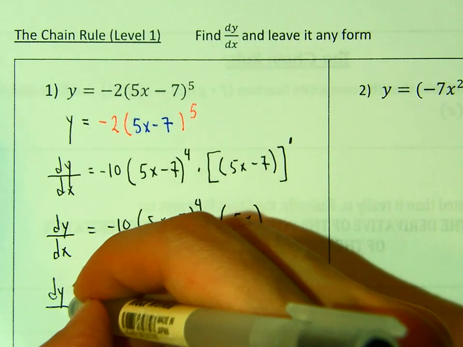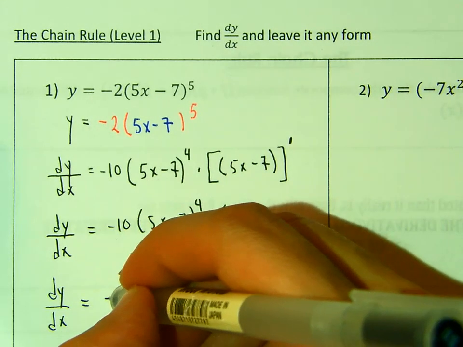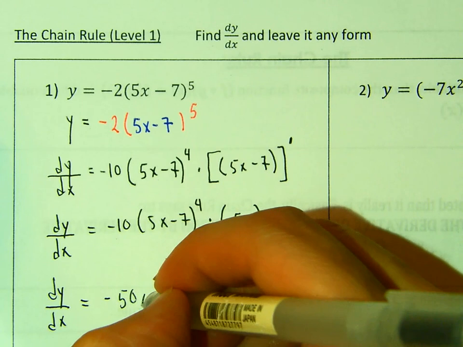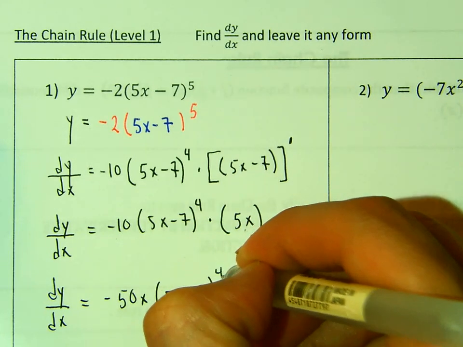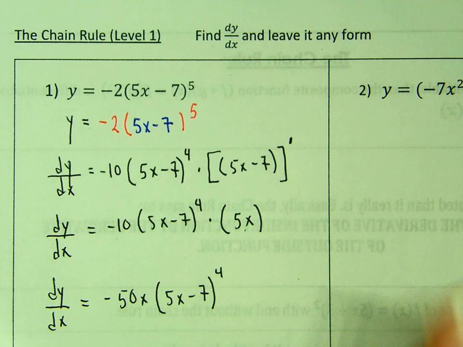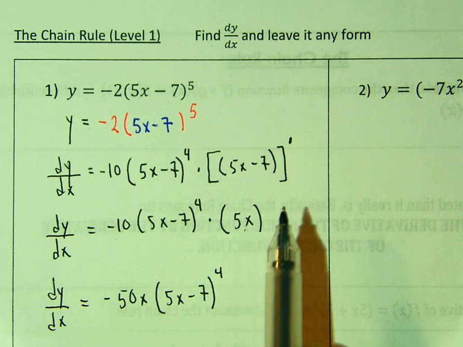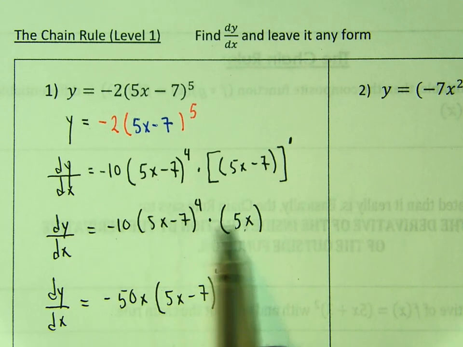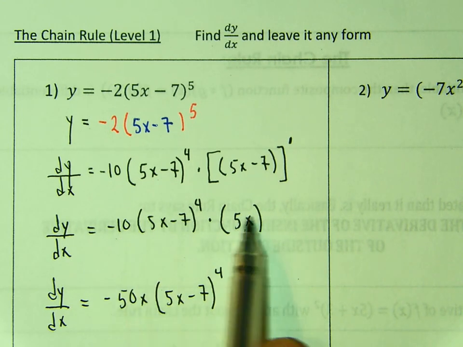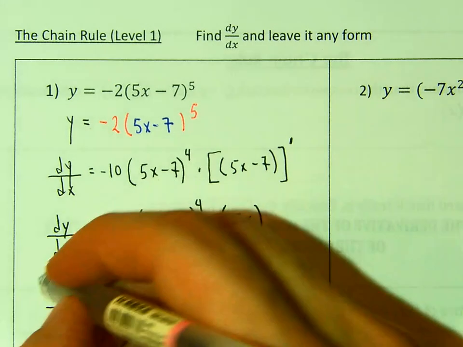So dy dx is equal to negative 50 times 5x minus 7, the whole thing to the fourth. Okay? And the problem is saying leave it in any form. I guess you could leave it like this, but I want you to get into the habit of knowing that to fully simplify this, this belongs here by multiplying from here to here. Okay?